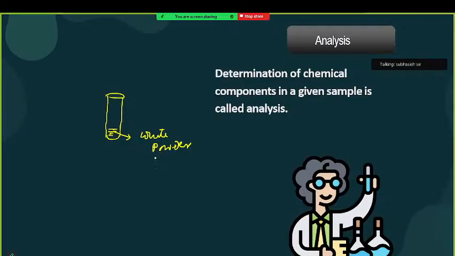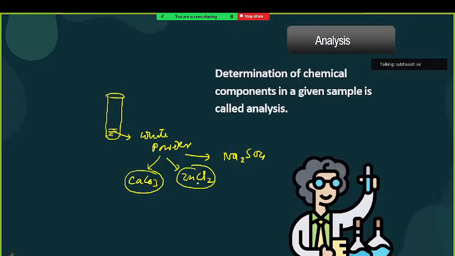That white powder may be calcium carbonate, or zinc chloride, or sodium sulfate. Whatever it might be, you have to identify this white powder. What is the composition of this powder?